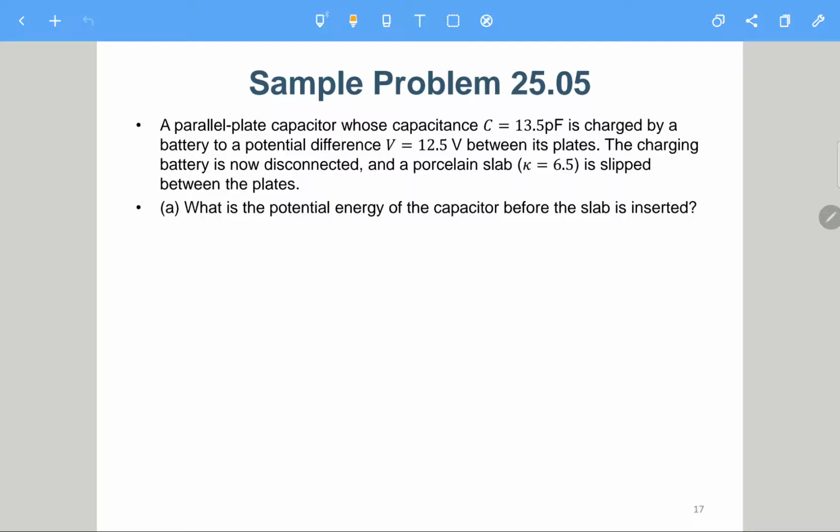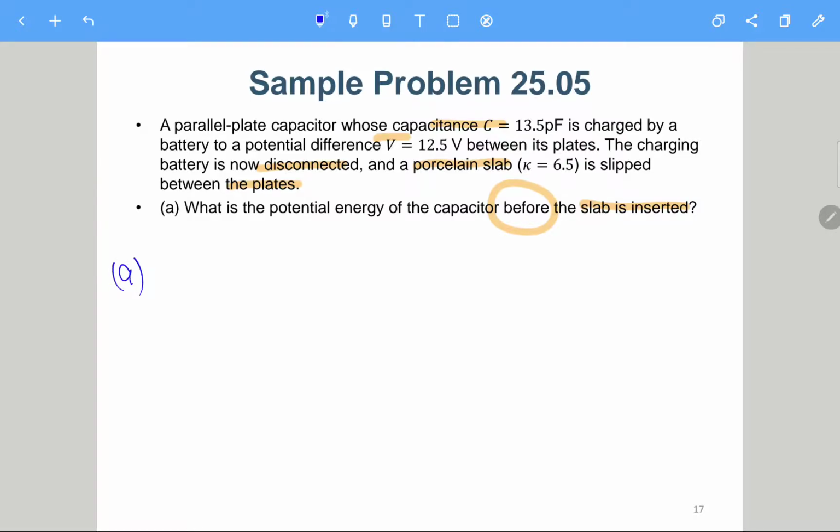A parallel plate capacitor C is charged by a battery to potential V, and the charging battery is now disconnected, and a porcelain slab, a kind of dielectric, is slipped between the plates. What is the potential energy of the capacitor before the slab is inserted?